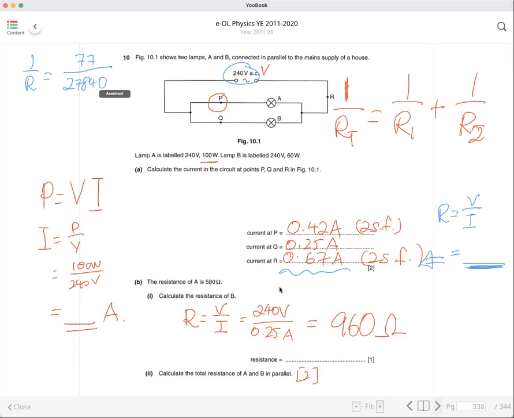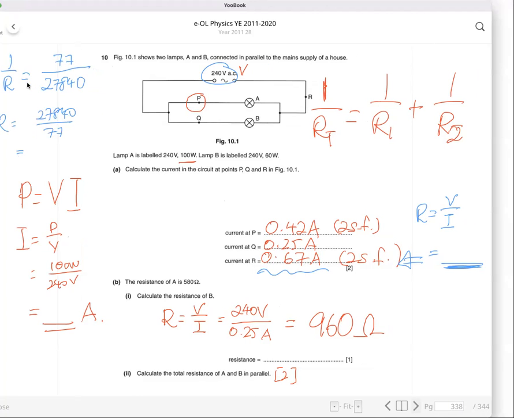Okay, then to find R, you just invert it. You will get 27840 divided by 77. Then from here, can you make it to 2 SF?